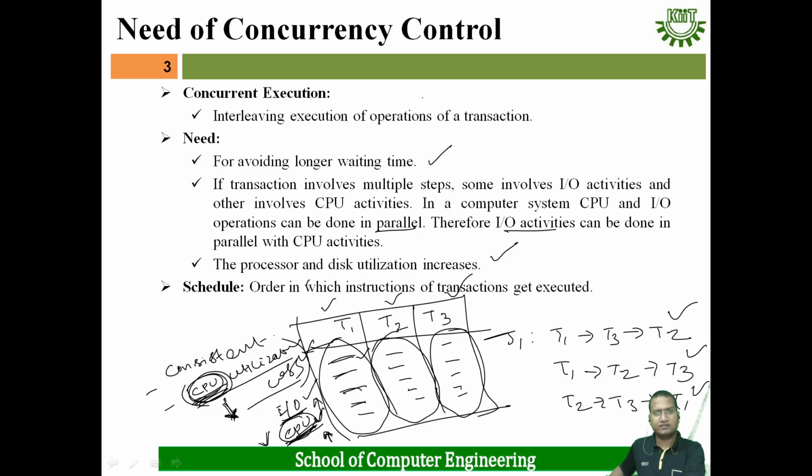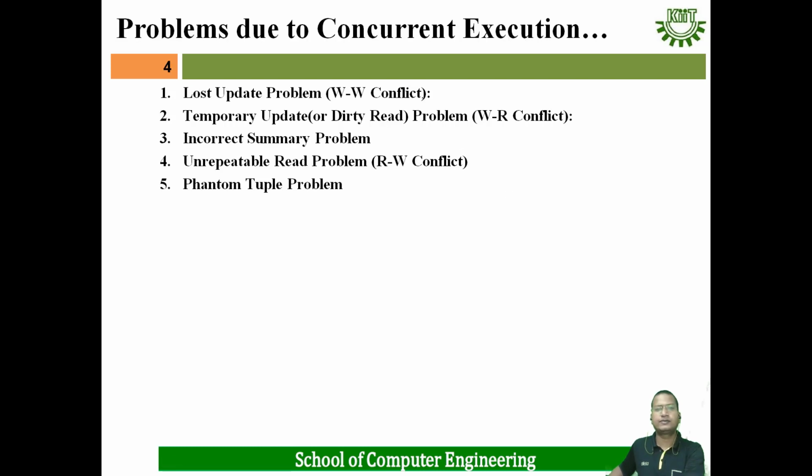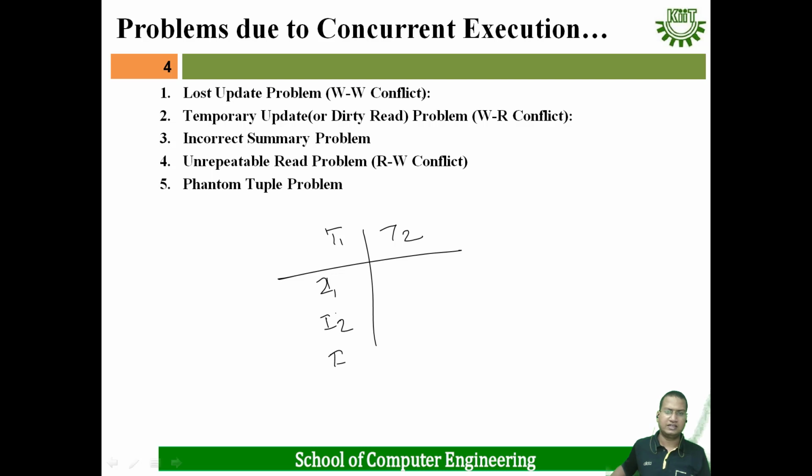Okay. Then this is all about the need of concurrency control, or need of concurrent execution of transactions in a schedule. Now we'll see what are the problems whenever the transactions are concurrently executed. Suppose T1, T2 transactions are there. Suppose here I1, I2, I3, I4, four instructions are there. Here also I1, I2, I3, I4, four instructions are there.